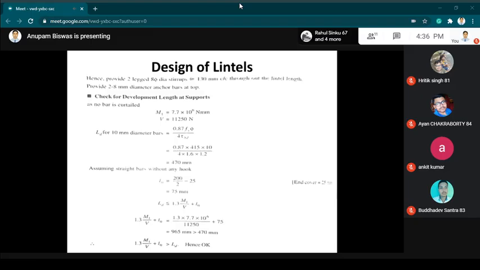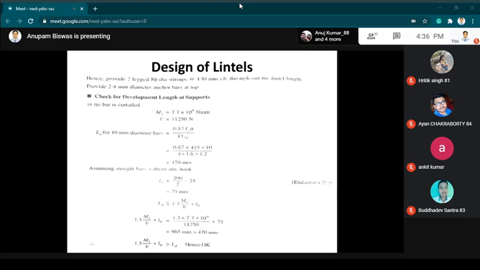Next step is to check for the development length at support. For the condition when no curtailment is done, suppose V is already obtained as 11250 Newton.